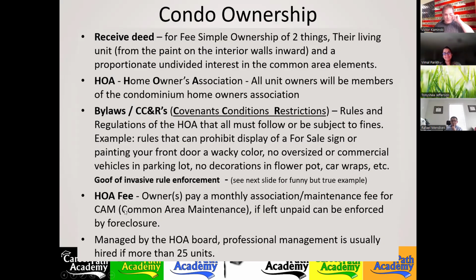Okay. Don't worry. So the HOA fee, that's your monthly maintenance charge you need to pay for maintaining the common area elements. And if left unpaid, it could even be enforced by foreclosure. Condos are managed by the board of directors. Often professional management is hired if there are more than 25 units, but not always. Hard for people to let go of some of the power once they get it, right?